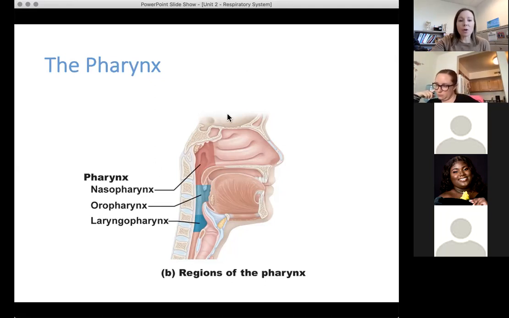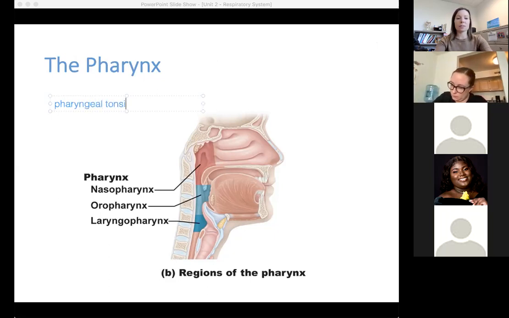If you look all the way up here, there's one set of tonsils that's located in this area. It's the pharyngeal tonsils. I can spell that for you here. Pharyngeal tonsils are located right here. You can see one of them right here.